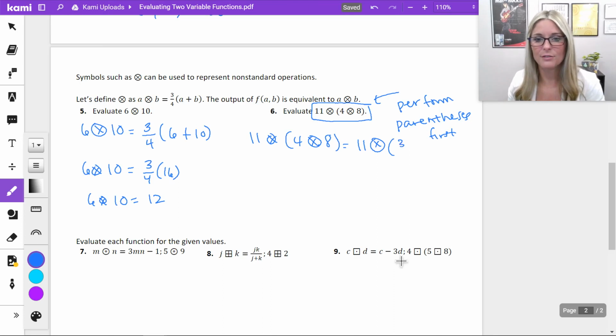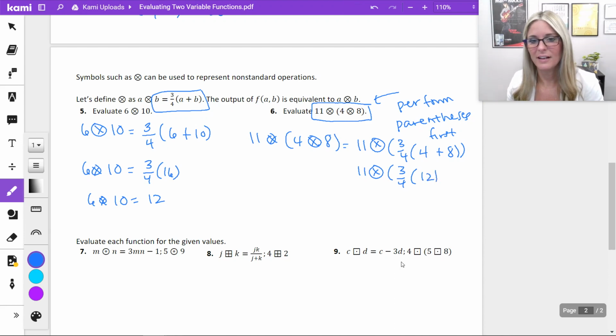Let's go ahead and put that 3/4 of 4 plus 8, still using that original defined operation. 11 operation of 3/4 of 12. That's going to give us 11 operation, the 3/4 of 12 makes 9.